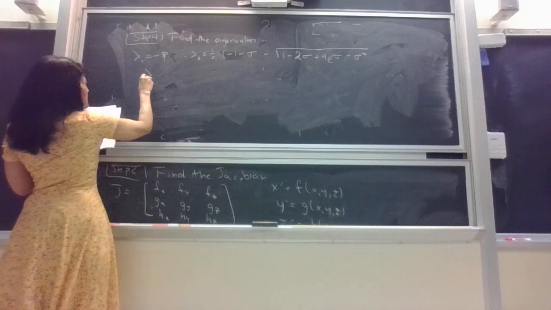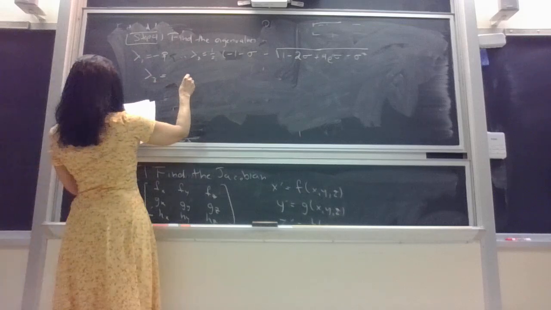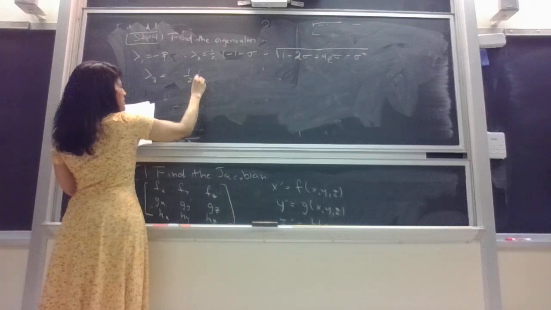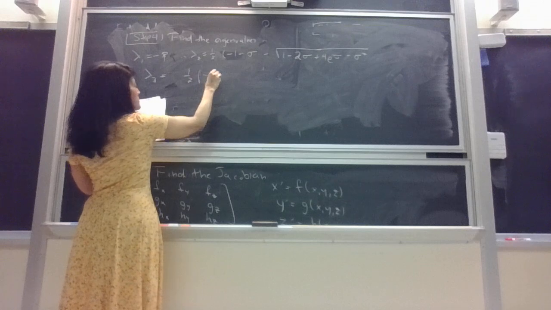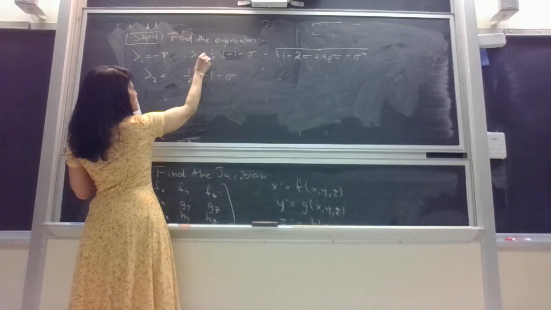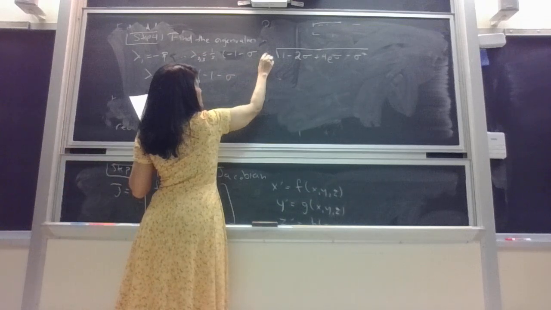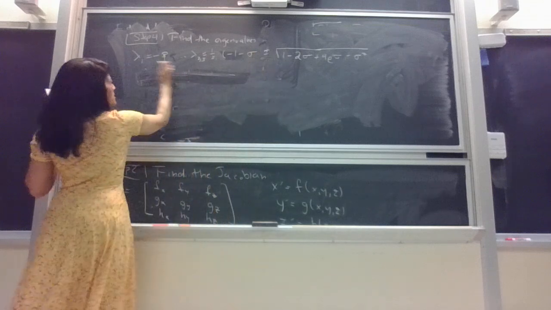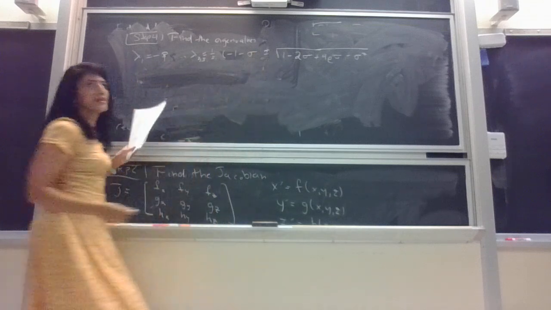And lambda 3 is the conjugate of that. Let's do this. Can I do 2, 3 so you don't have to write it again? Plus and minus.